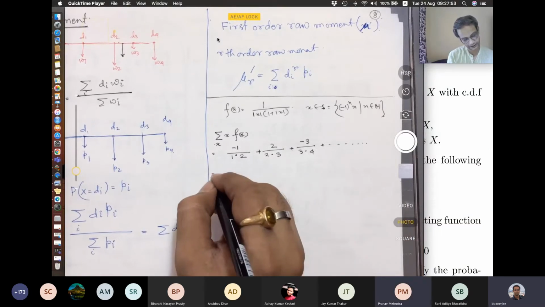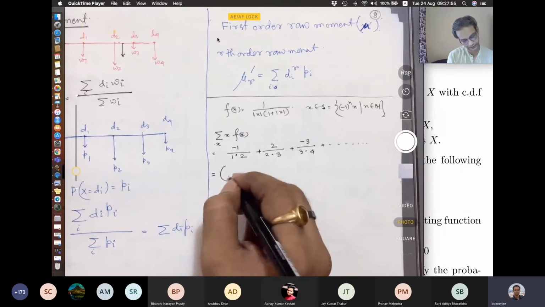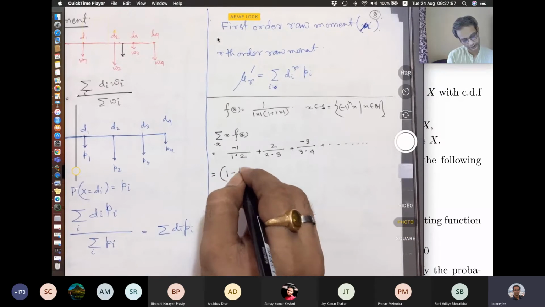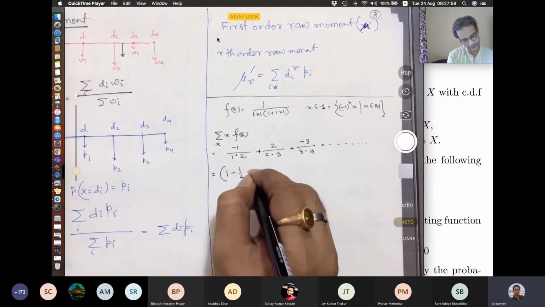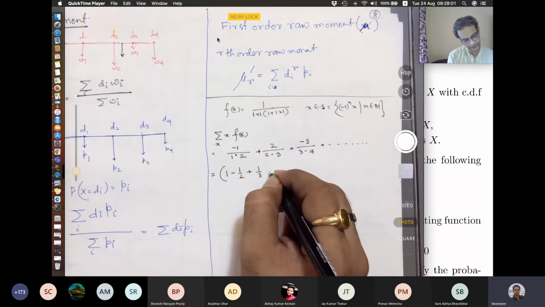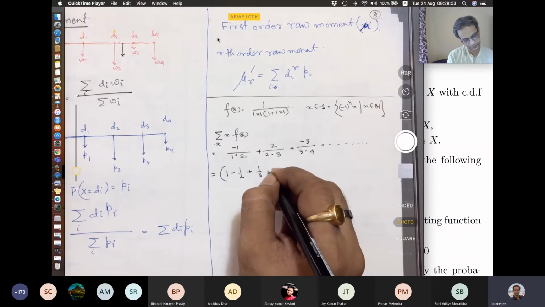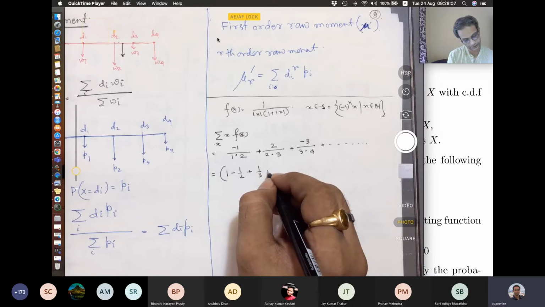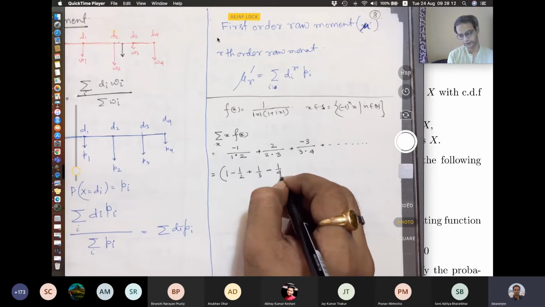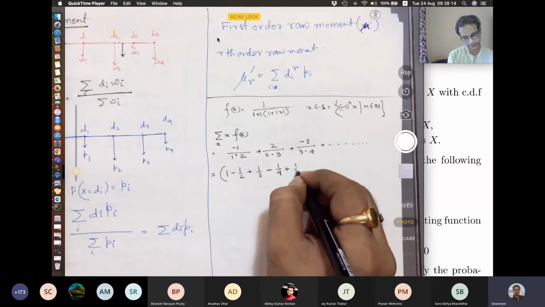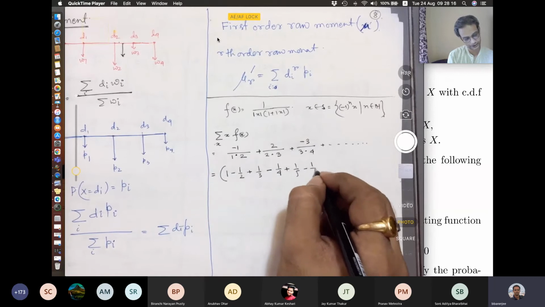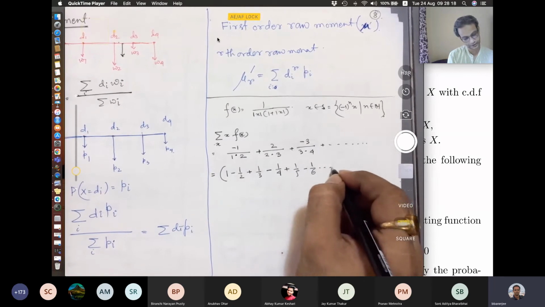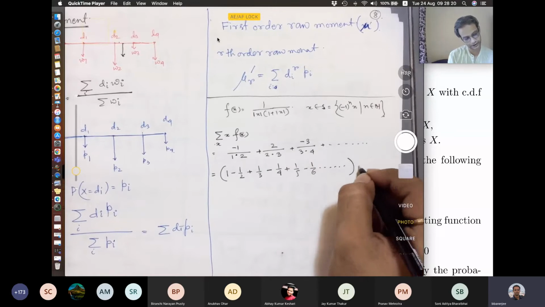Sir, can I write this like this: 1 minus half plus 1 by 3 minus 1 by 4 plus 1 by 5 minus 1 by 6, and so on, continuing, minus 1.